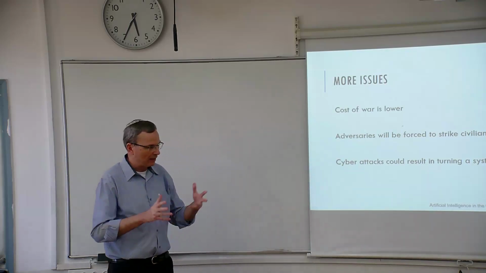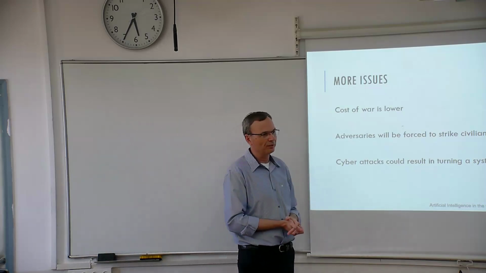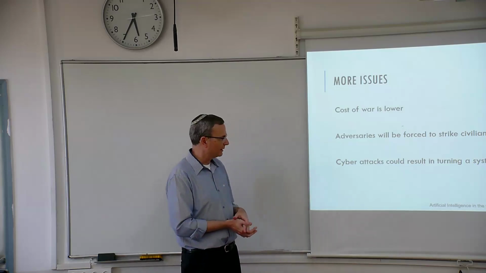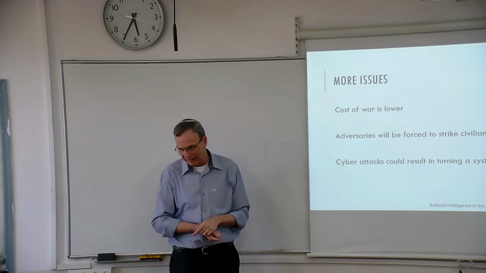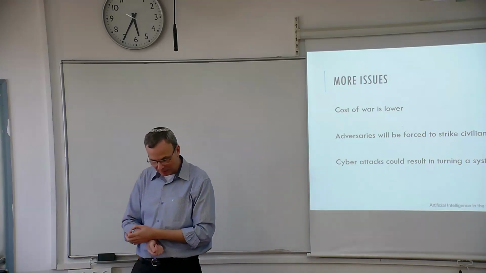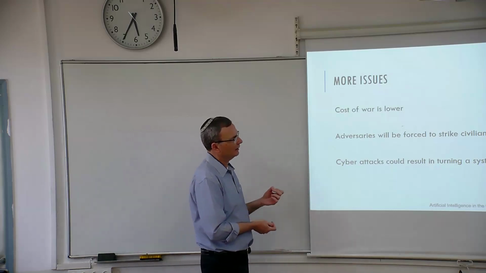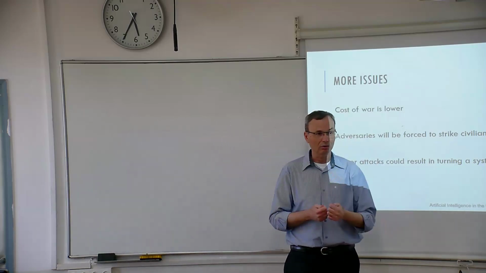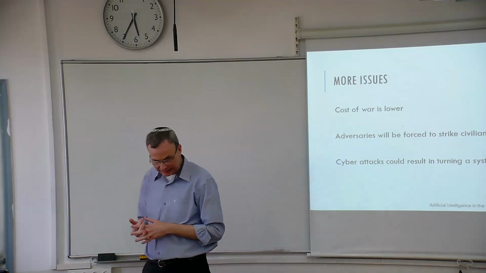Also, and we are in the cyber program, of course, if you have those types of armies, then cyber attacks could have a big effect. Because if I can, by using cyber attacks, get control of the opponent's army, well, it's going to be very interesting.